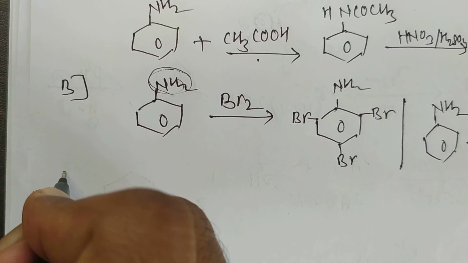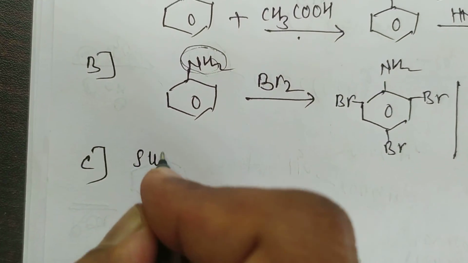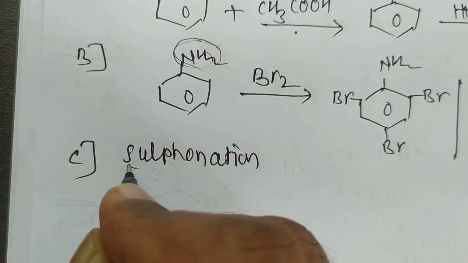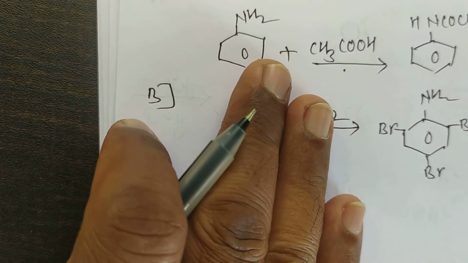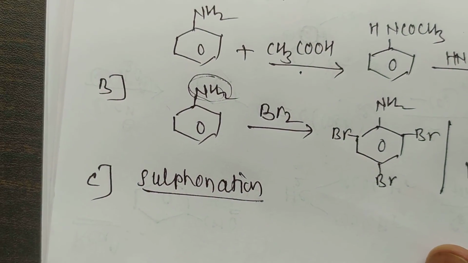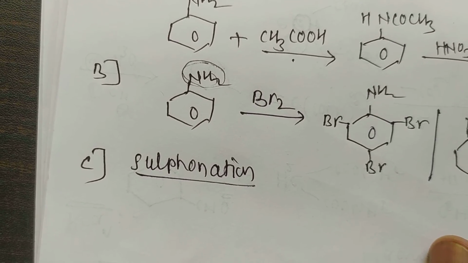Then the last reaction is sulfonation. When aniline undergoes sulfonation, then first we can obtain phenyl sulfamic acid.